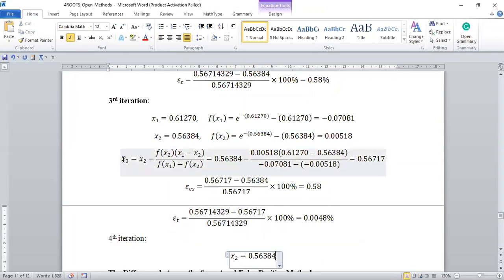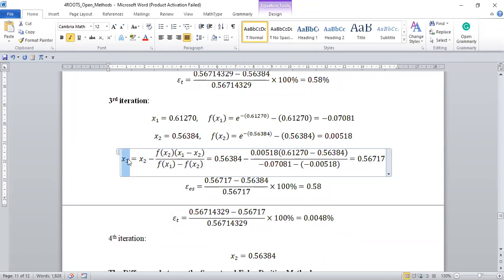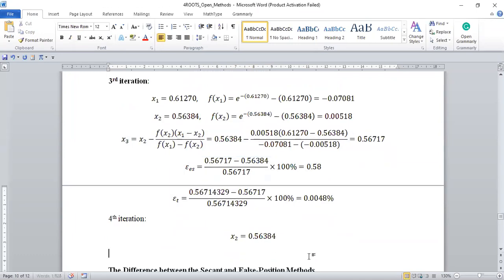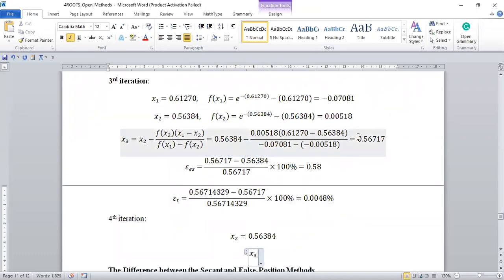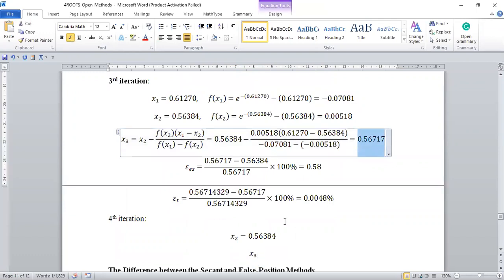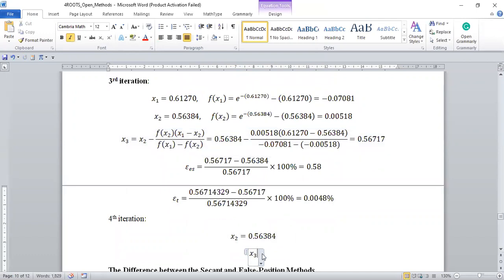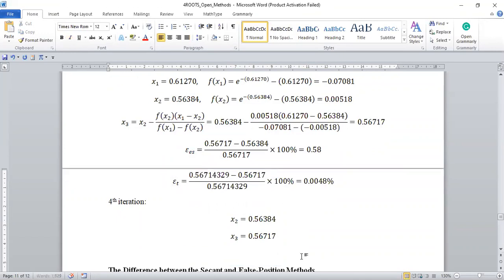Then you need x3, and we got x3 as 0.5671. So similarly, you evaluate the function at x2, then you evaluate the function at x3. And after that, you substitute into the secant method to get x4.